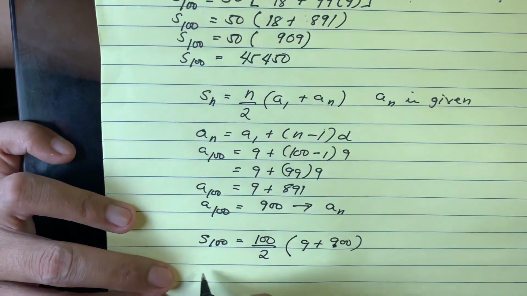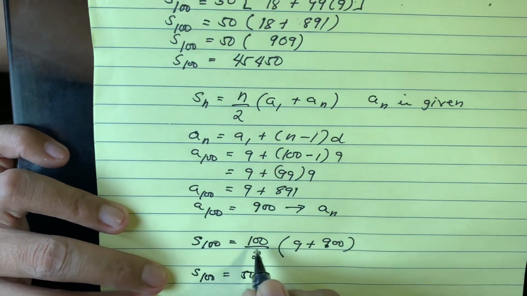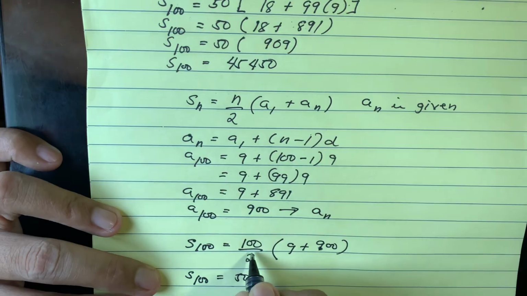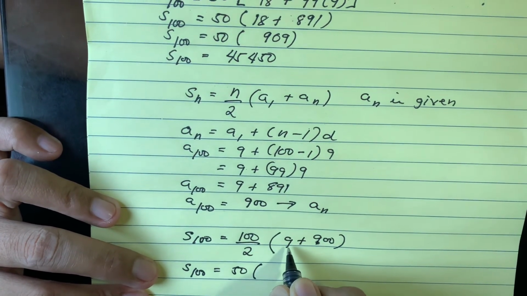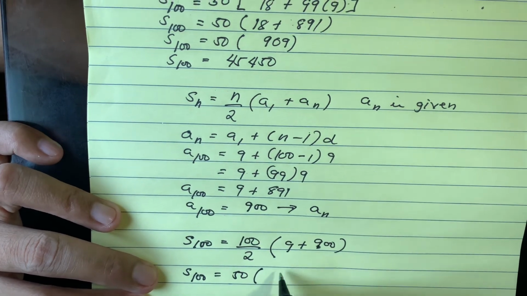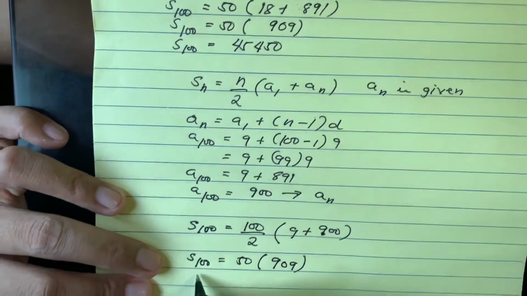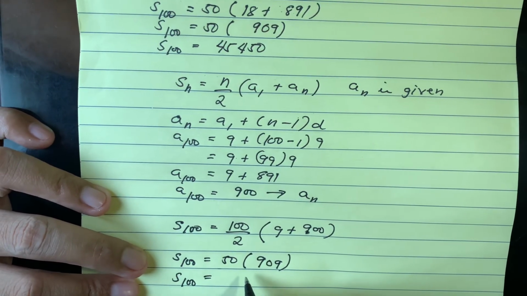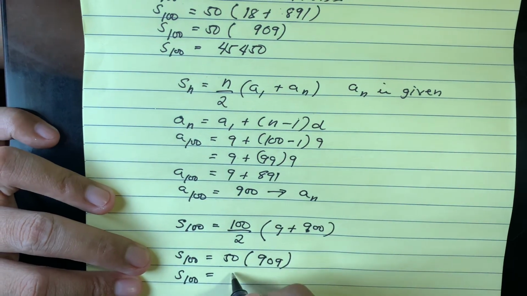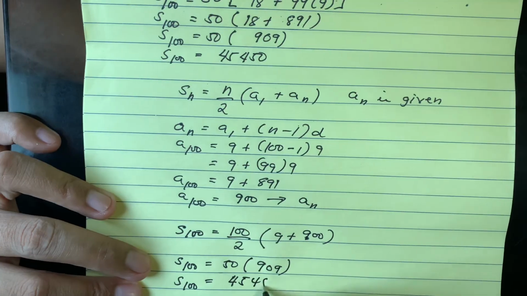So let us solve. S sub 100 is equal to 50. Why 50? Because 100 divided by 2 is equal to 50 times the sum of 9 and 900, it's 909. Then, if you are going to find out now the product between 909 and 50, it is also equal to 45,450.